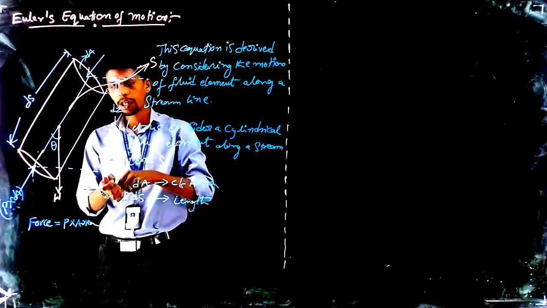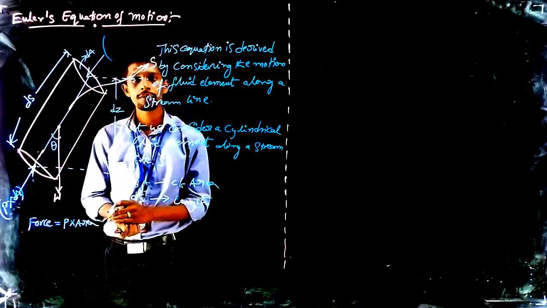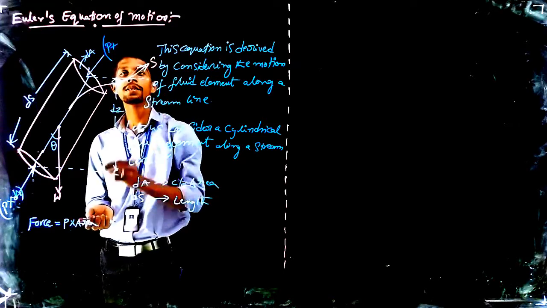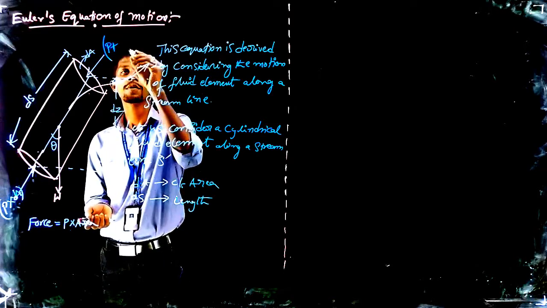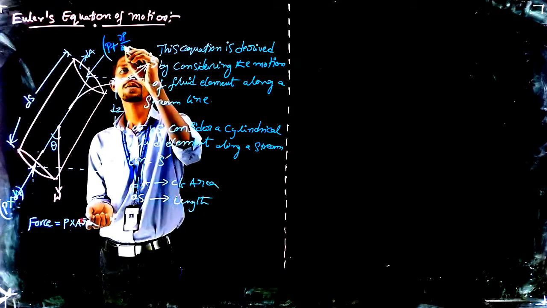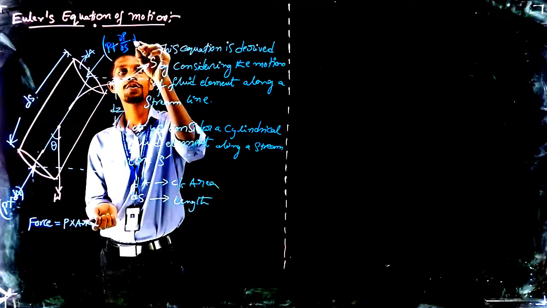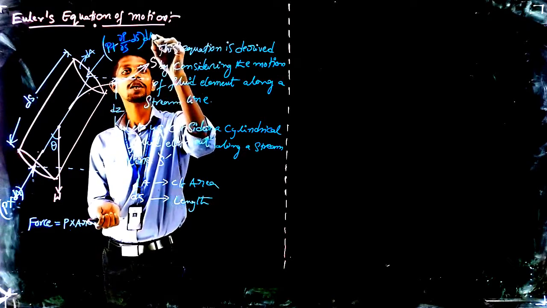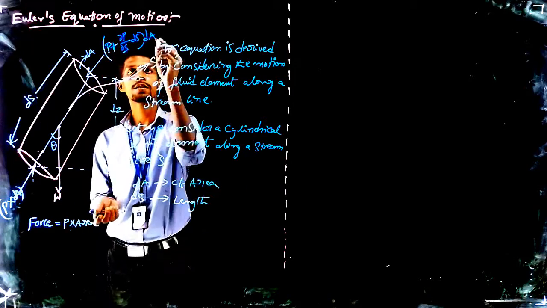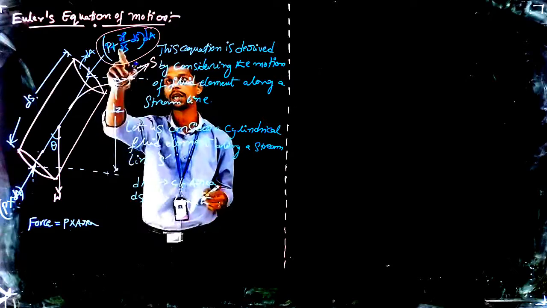So what about the pressure force at the other end? This will be p plus the variation of the pressure, dou p by dou s, the variation of pressure with respect to the length, into ds, multiplied by the area. Okay. So this will give you the pressure force at the other end.